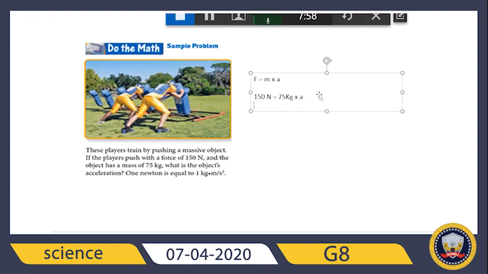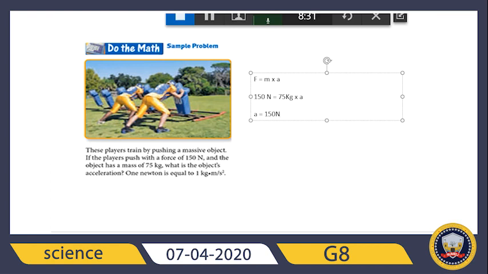So now guys, a simple calculation to find A. What you're going to do, exactly, is divide this value by 75 and do the same for the other side. So small a is equal to 150 Newton, and don't forget guys to write the units of all these measurements.